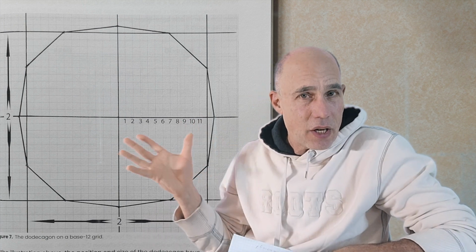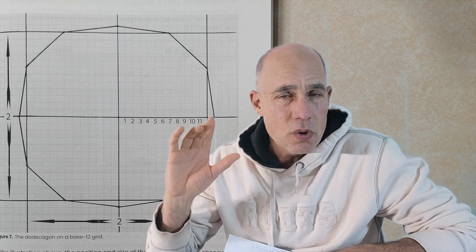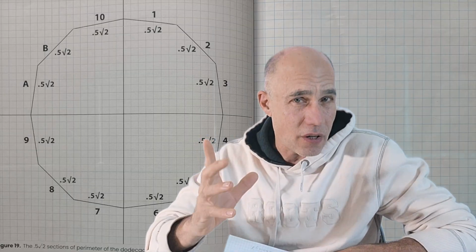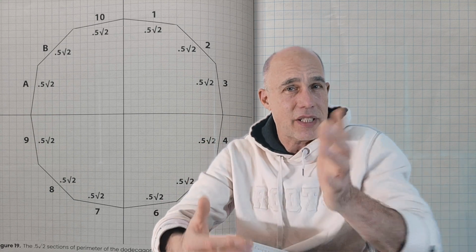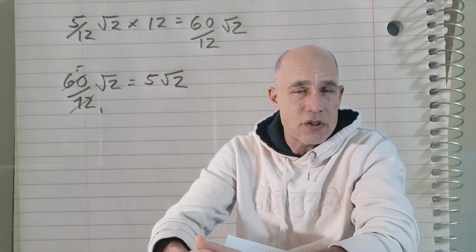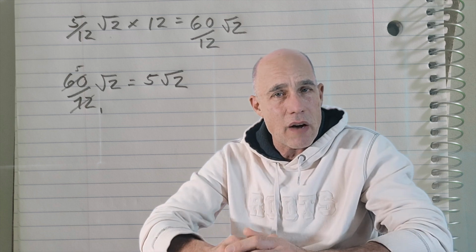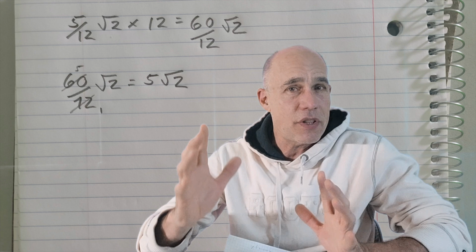But when we calculate the length of the total perimeter of this dodecagon, we're talking 5/12ths now. So 5 times 12 is 60. So that's 60/12ths, and then 60 divided by 12 gives us 5 again. So now the total perimeter of the base 12 dodecagon is 5 root 2. So that's obviously a shorter length.